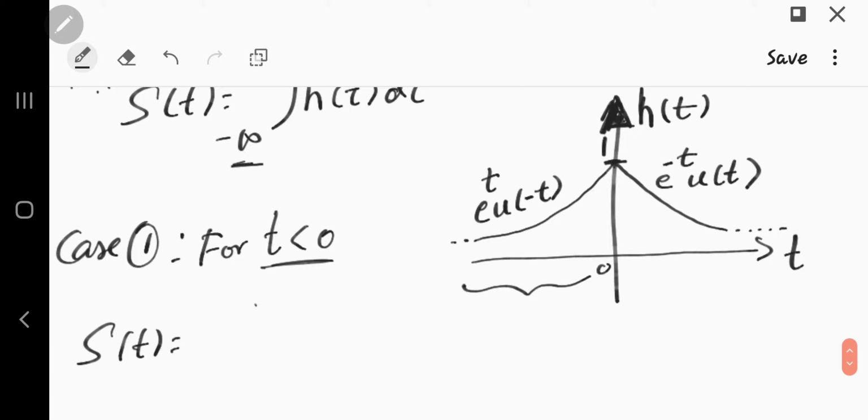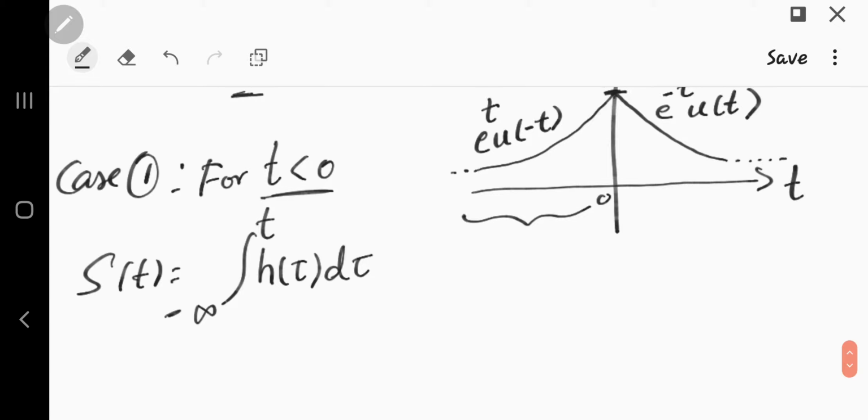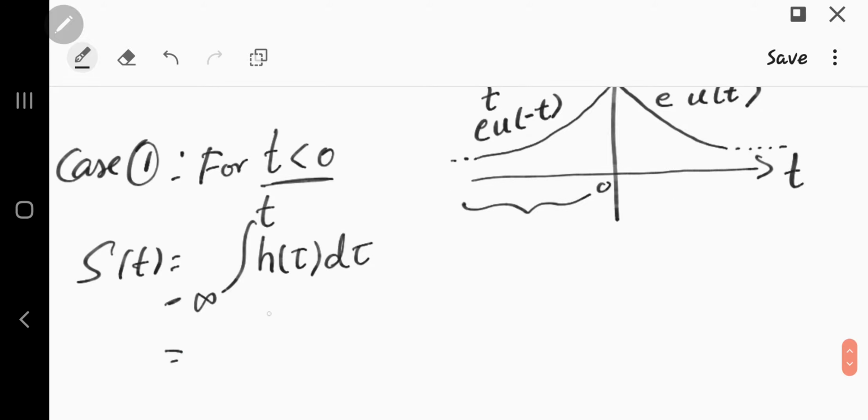S of t is equal to integral of minus infinity to t h of tau d tau. So the limit now will remain the same because t is only from minus infinity to t. Okay, that is t taking the negative value.